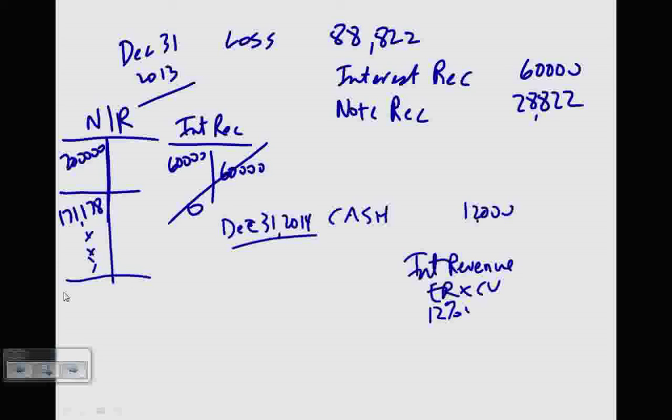The carrying value is 171,178. So 12% times 171,178 is going to be 20,541. And the difference between those two is going to be my amortization to the note receivable, and that's going to be 8,541.